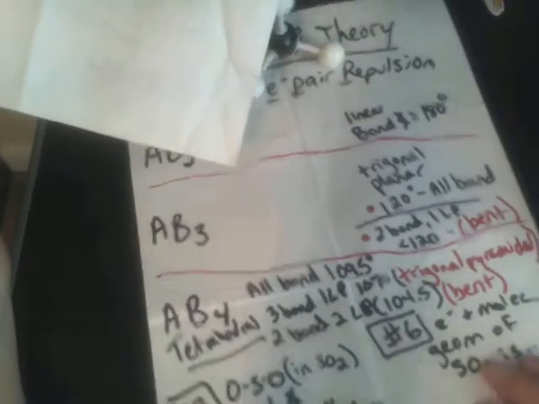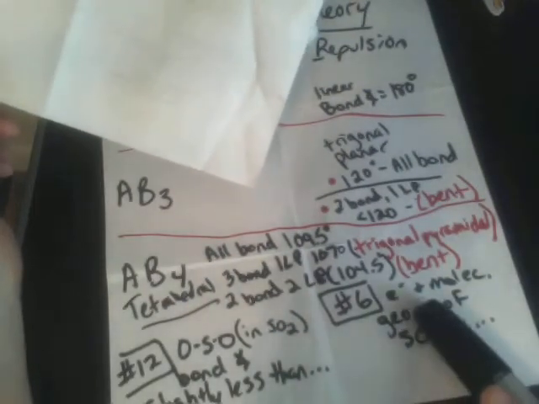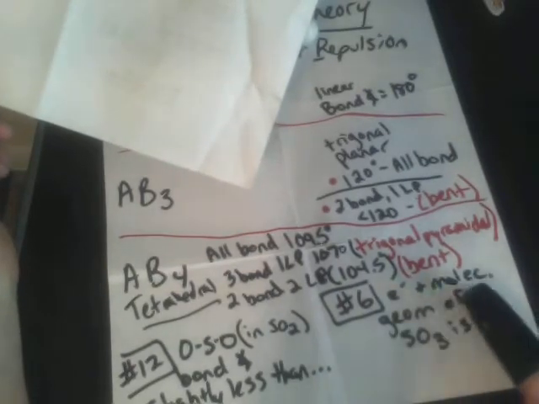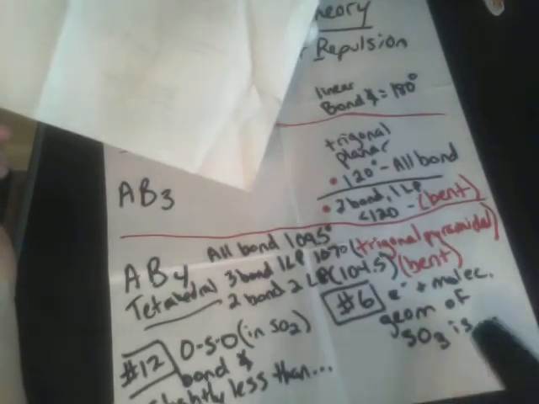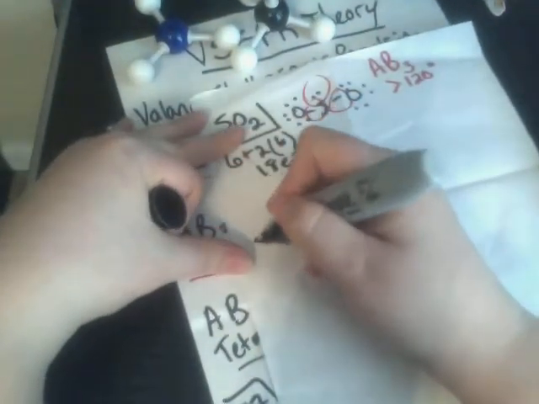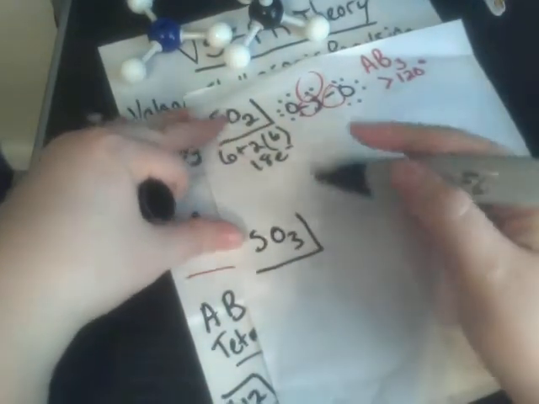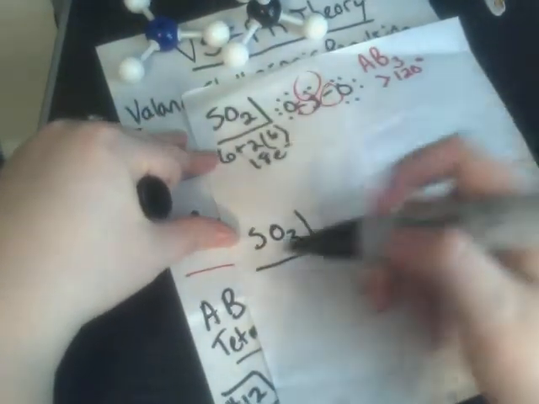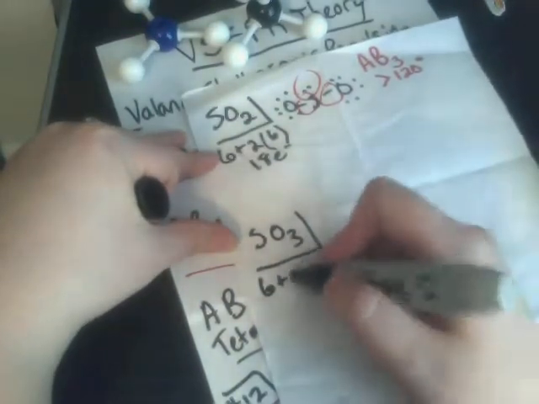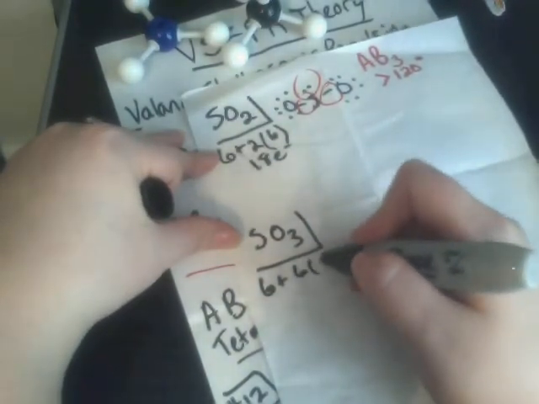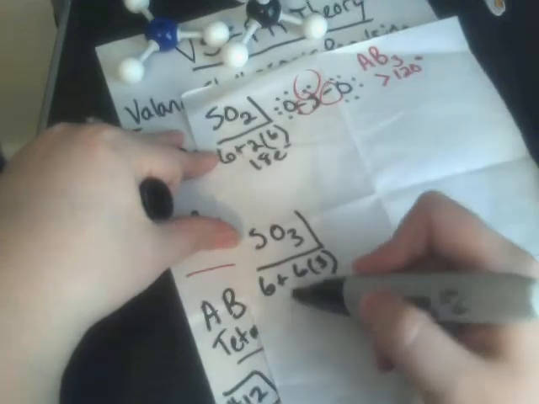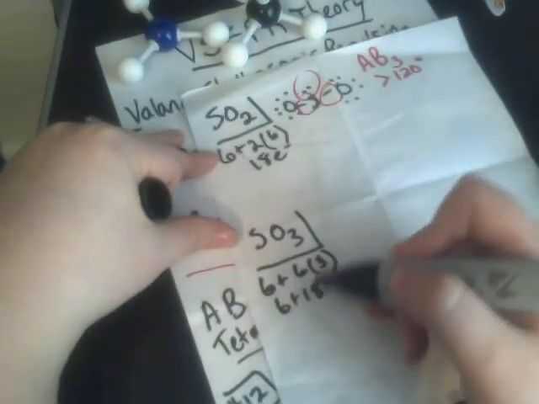Let's go ahead and do number 6 from your homework. It says the electron and molecular geometry of SO3. So we're going to go over electron and molecular geometry right now, but let's go ahead and get SO3 out in the open. So again, S carries 6 and O carries 6. There are 3 of them. So it's 6 plus 18, so 24.